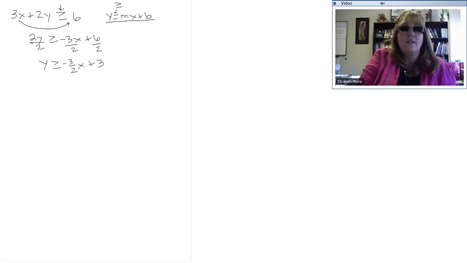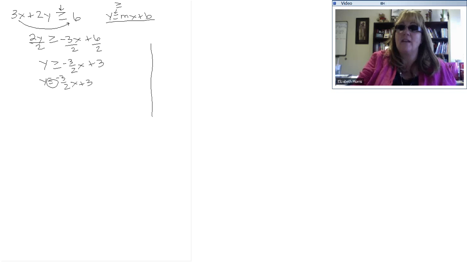Now, this looks just like what we were just doing, except instead of an equal sign, it has an inequality sign. We're still going to graph it the exact same way. We're still going to start at the y-intercept, which in this case is 3. And then from there, the slope is negative 3, down 1, 2, 3, and over 2.